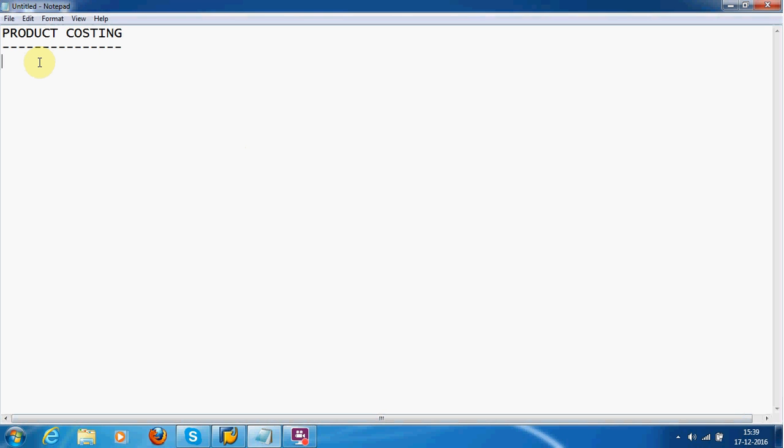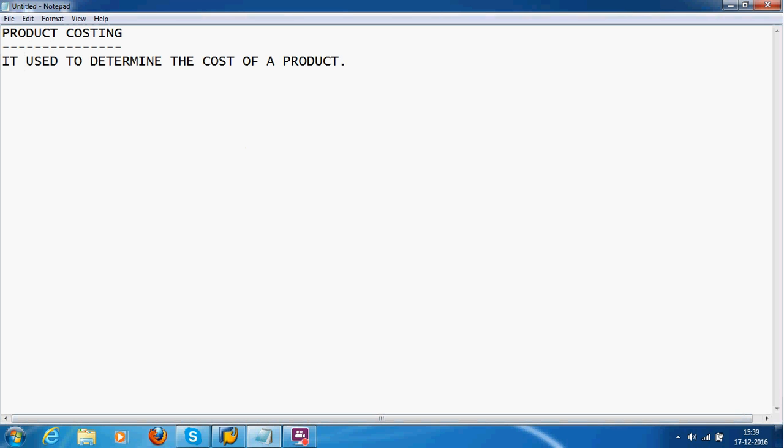Product costing is one of the important modules in SAP controlling. It is used to determine the cost of a product.